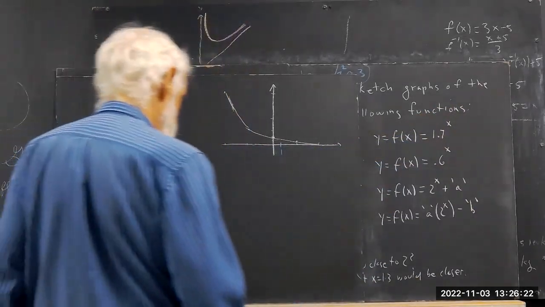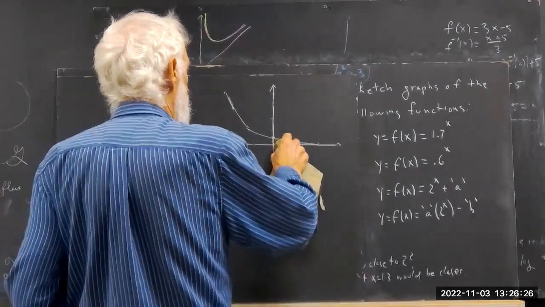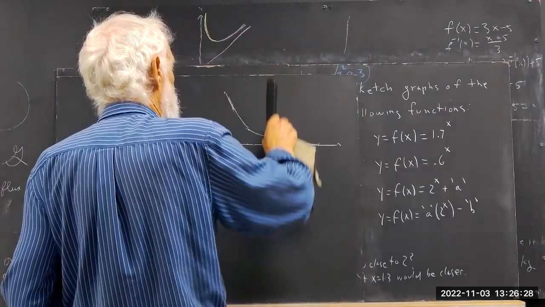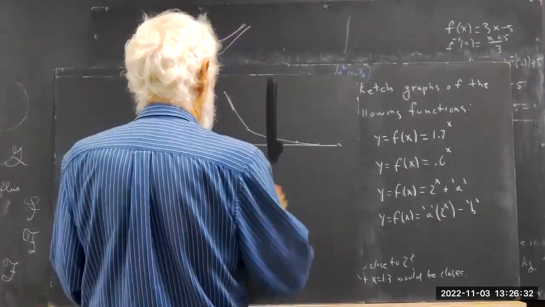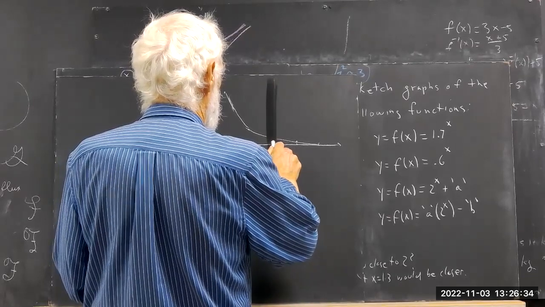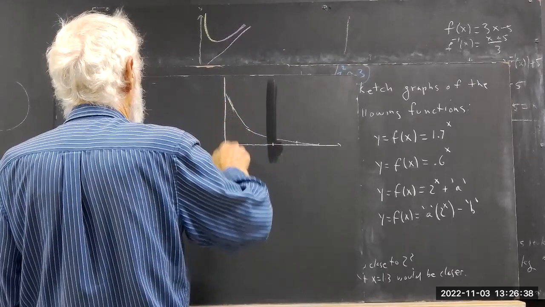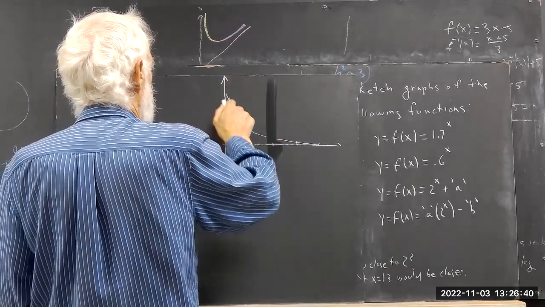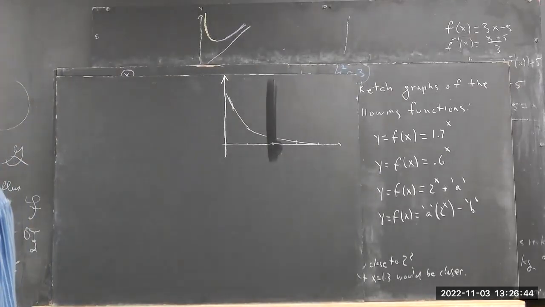So what I'm going to do is I'm going to erase this. I'm going to erase my original y-axis. And I'm going to put my y-axis over here. I can do that.